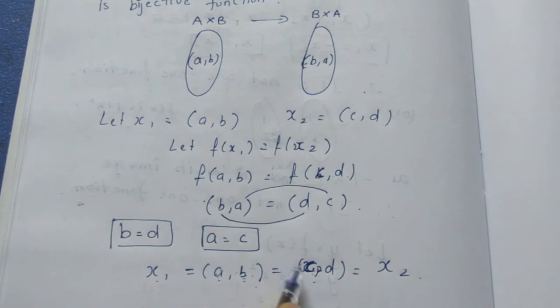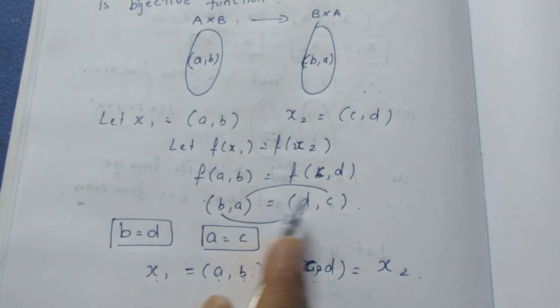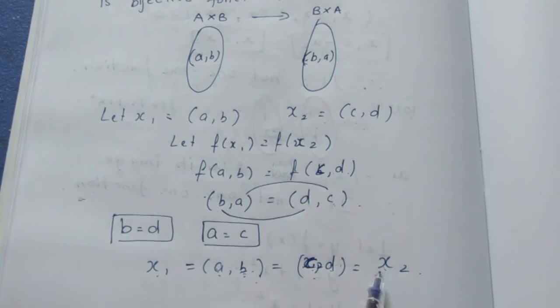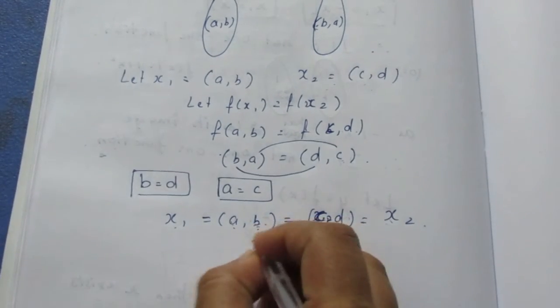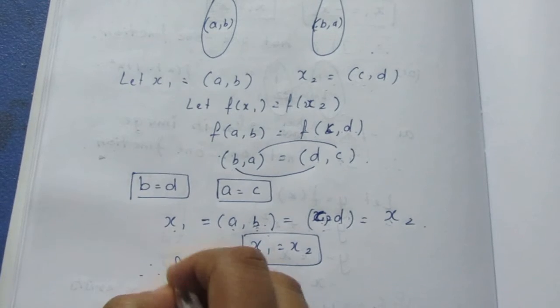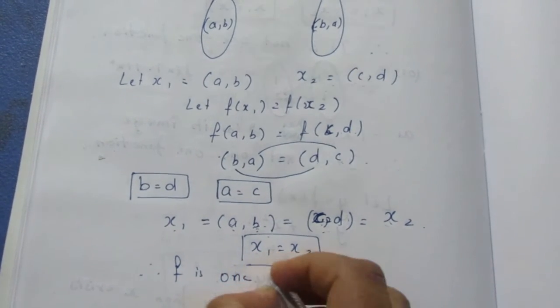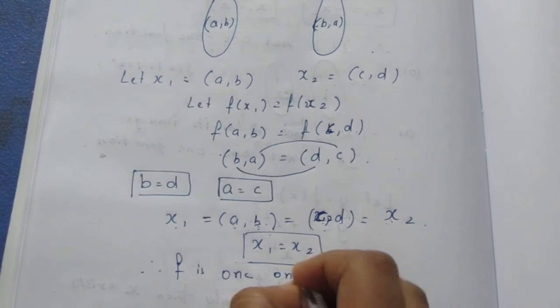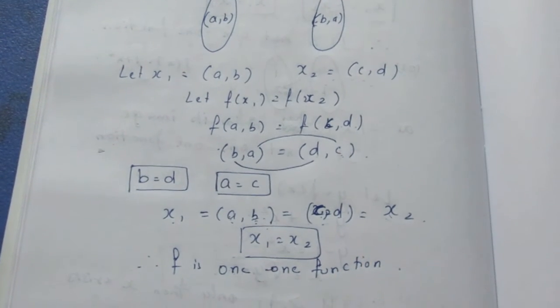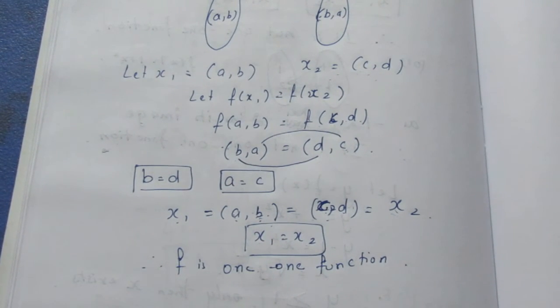We know that a is equal to c and b is equal to d. So (c, d) is nothing but x2. Therefore x1 is equal to x2, and f is a one-to-one function. We have proved this to be a one-to-one function. Now we will go to onto function.